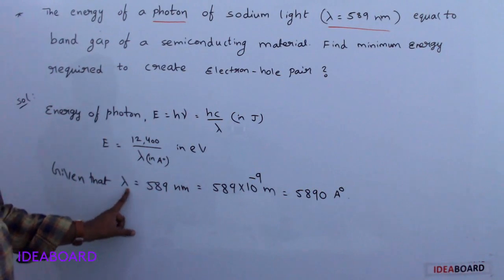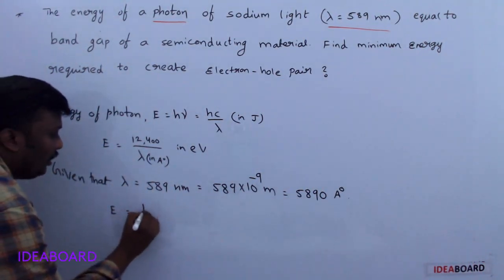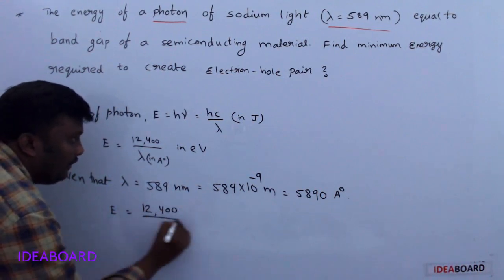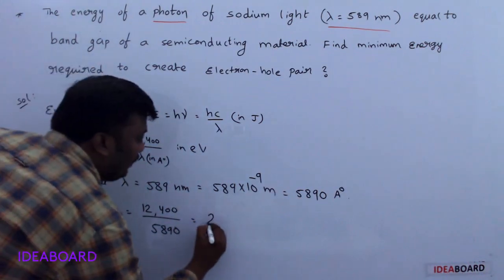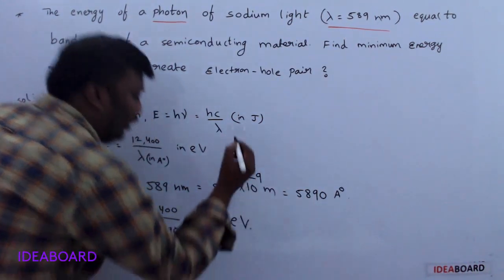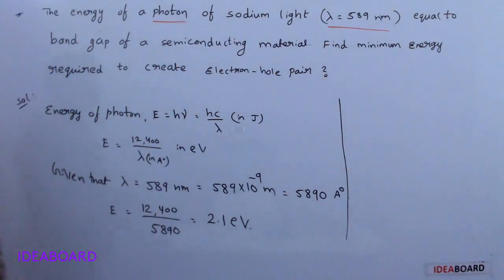So now you have lambda in angstrom units. So E is equal to 12,400 by 5890. If you calculate, we get 2.1 electron volt. Okay, this is the energy of the photon.